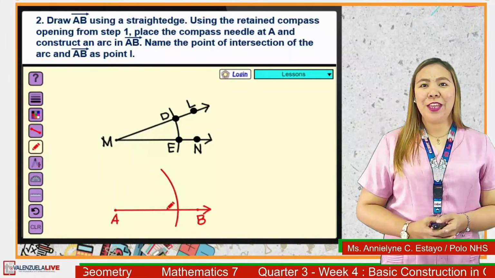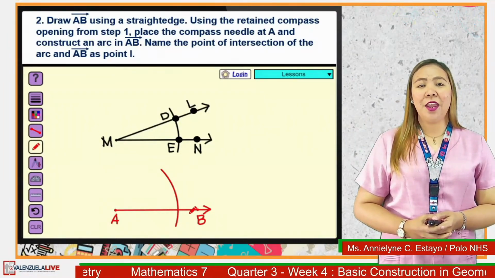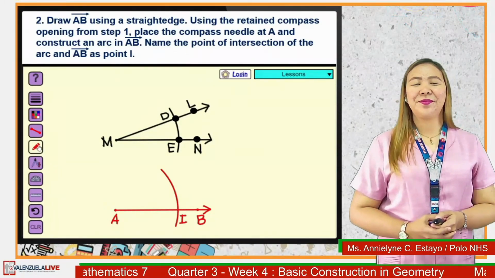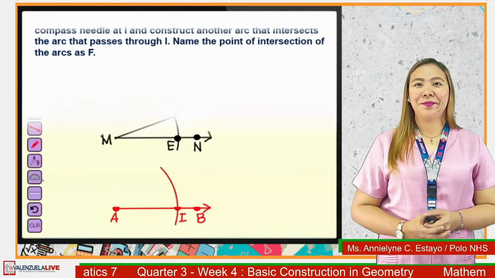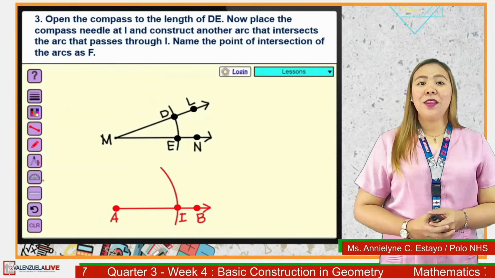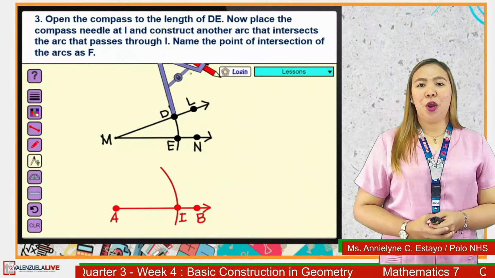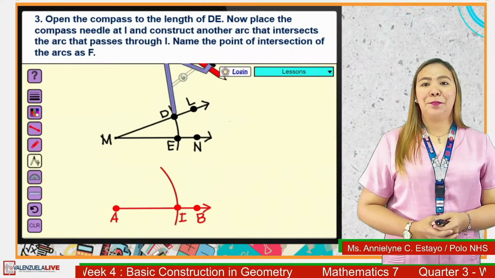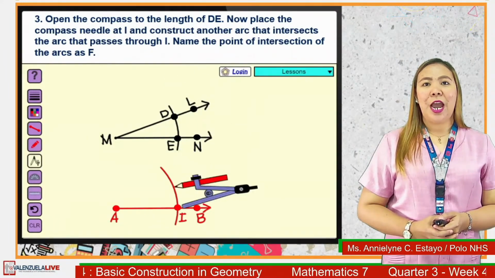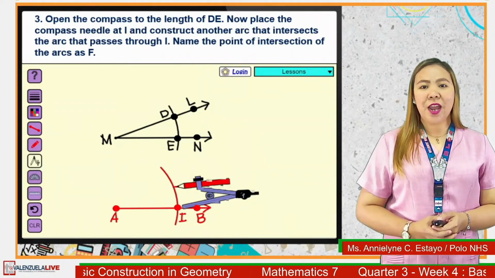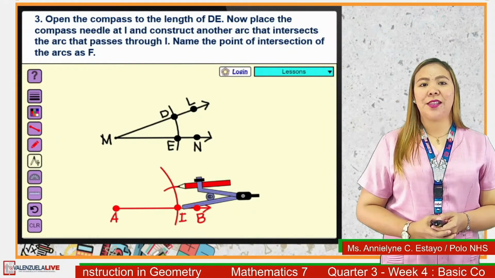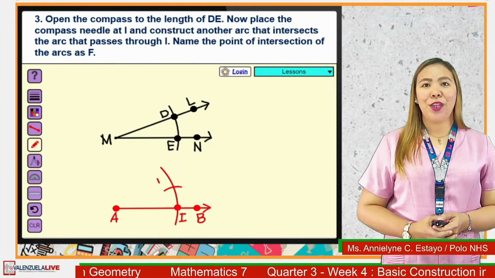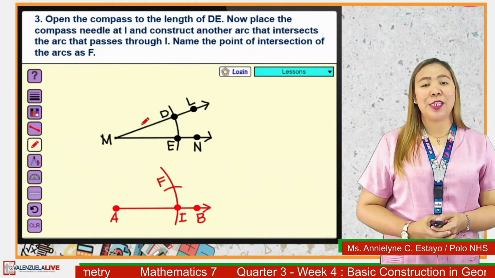Name the point of intersection of the arc and ray AB as point I. Third step. Open the compass in which the opening is the same as the length of DE. Then place the compass needle at point I and construct another arc that intersects the arc that passes through the point I. Name the point of intersection of the arcs as point F.